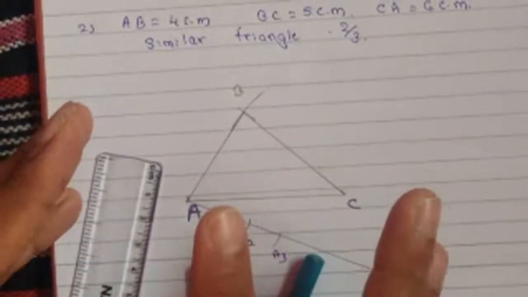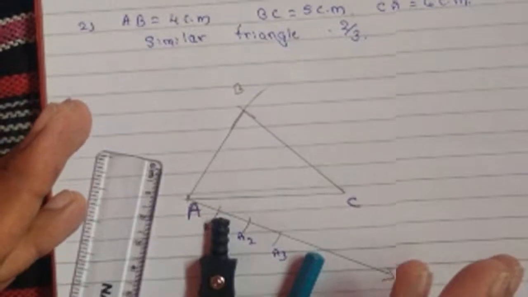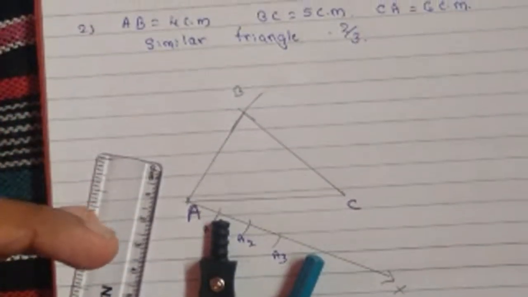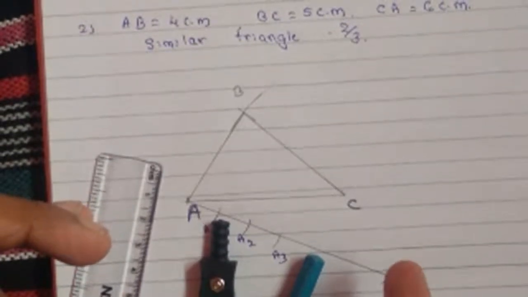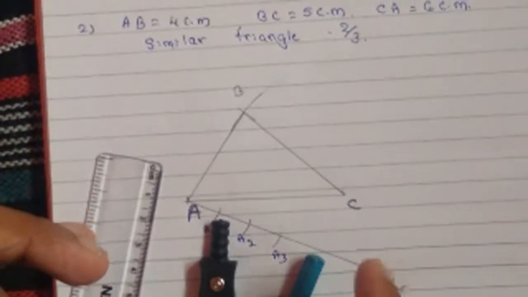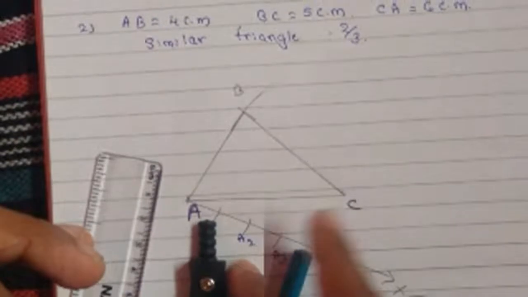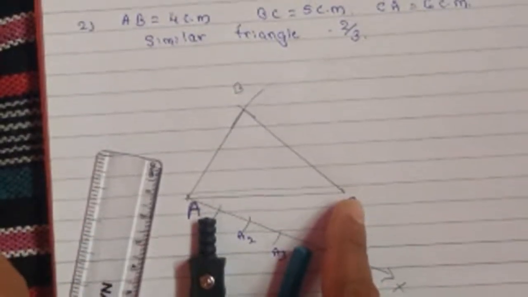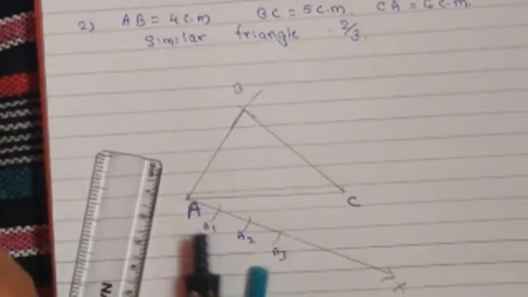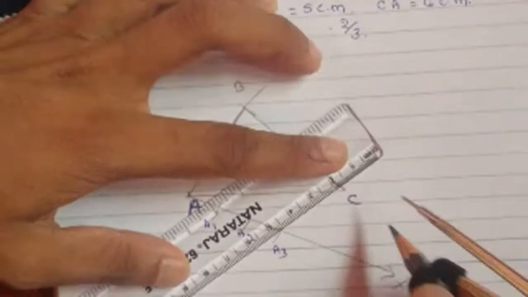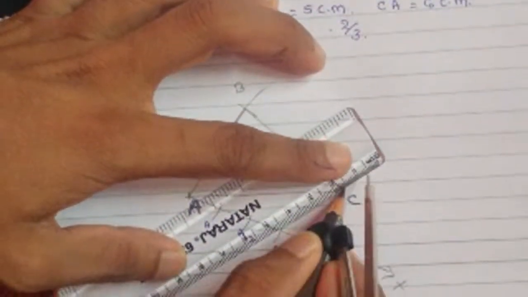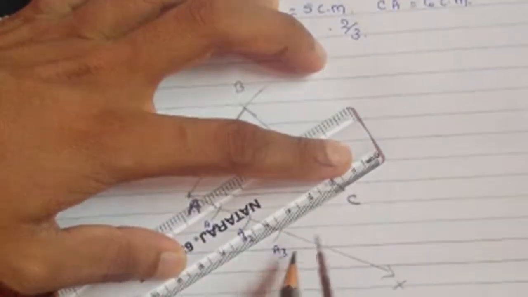We have to compare numerator as well as denominator, and take the maximum value and mark the points. And then next, while joining to point C, we have to consider the denominator value. Here denominator value is 3. So that's why we have to join point A3 and C.